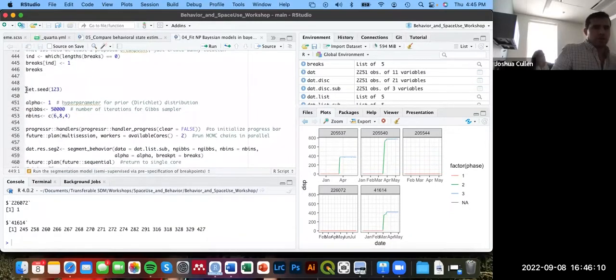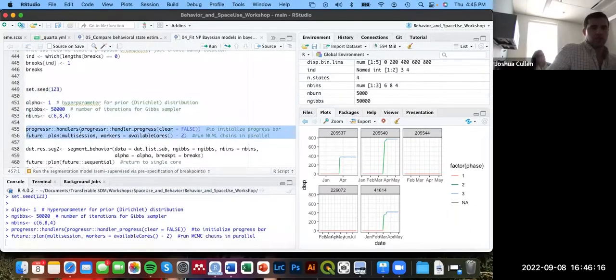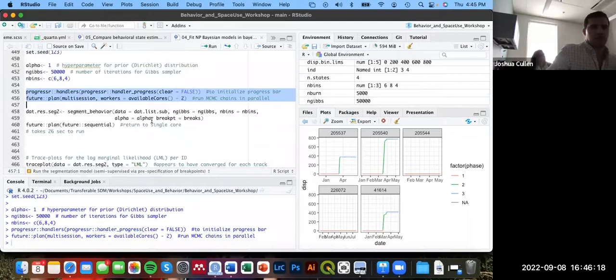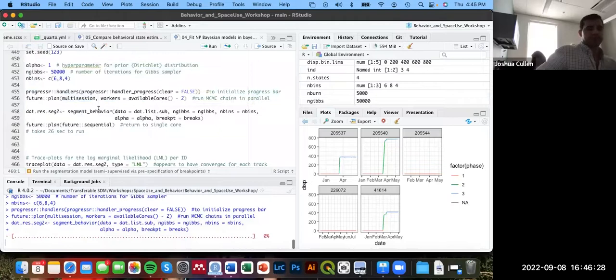All right, and we're going to run again now. The same parameters here in the beginning, but the difference is going to be in our model call to segment behavior. We now provide an argument called breakpoints, and I'm giving it the breakpoints we just pre-specified to see if that helps improve the fit. This should also take only about 30 seconds.